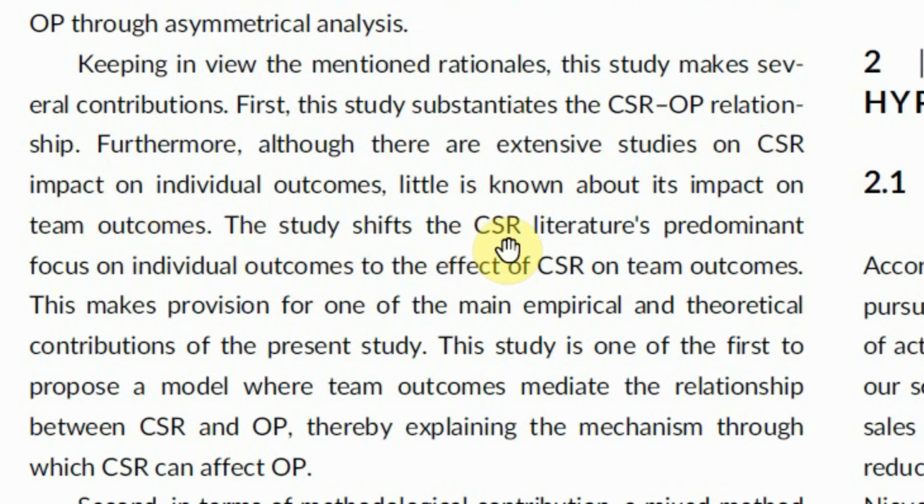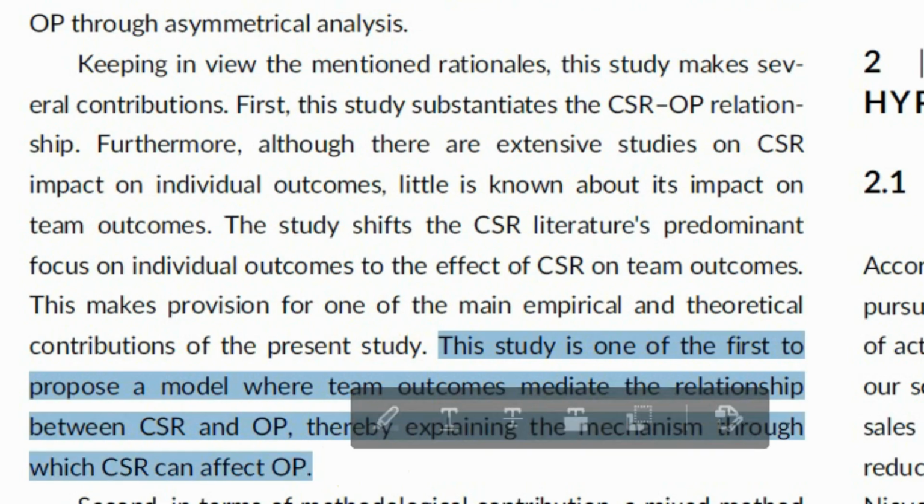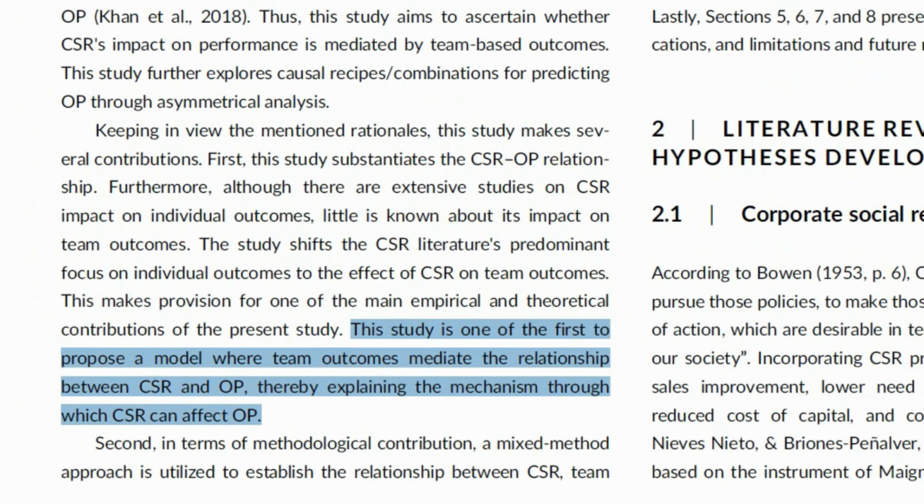This study shifts the CSR literature's predominant focus on individual outcomes to team outcomes. This makes provision for one of the main empirical and theoretical contributions of the present study. This study is one of the first to propose a model where team outcomes mediate the relationship. This is a very strong contribution of this study. And similarly, you can find it in other studies as well.